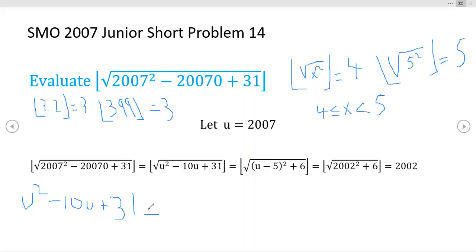So this is equal to u squared minus 10u, and now I'm going to put plus 25 and then minus 25. And of course, the 31 is still there.